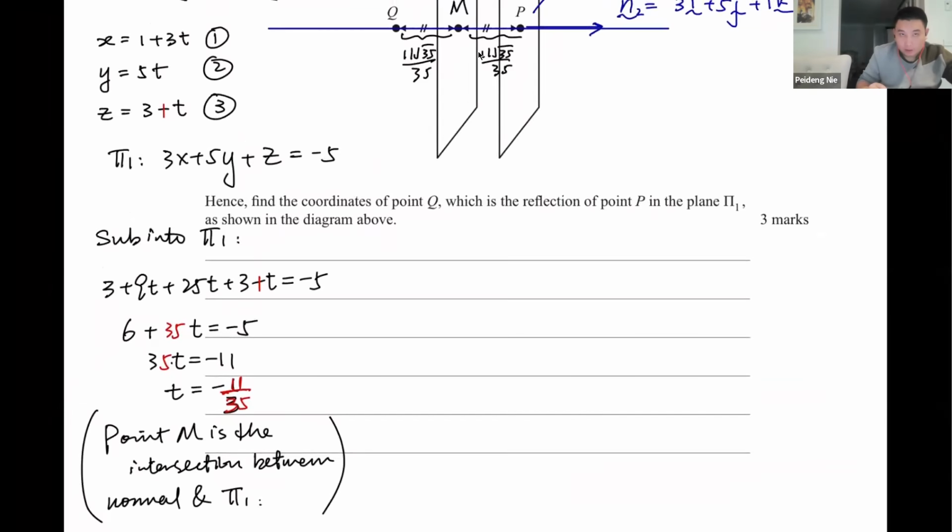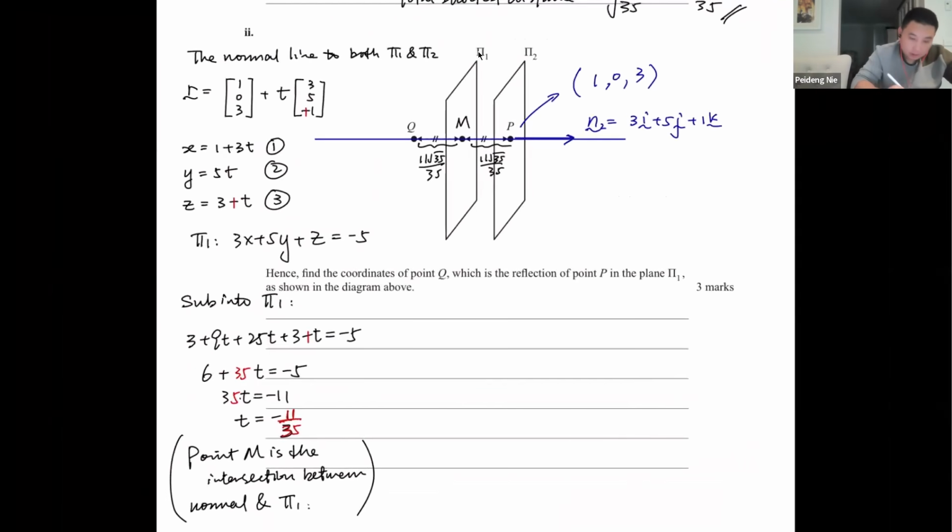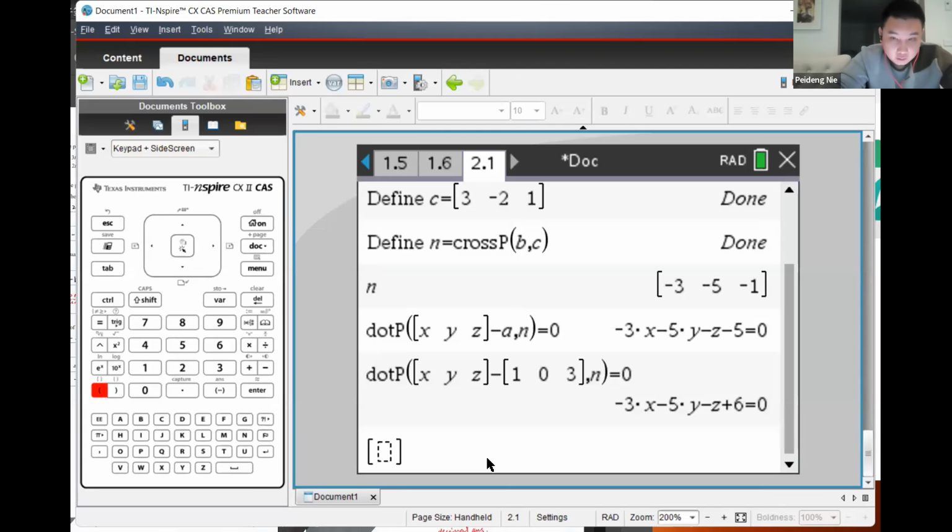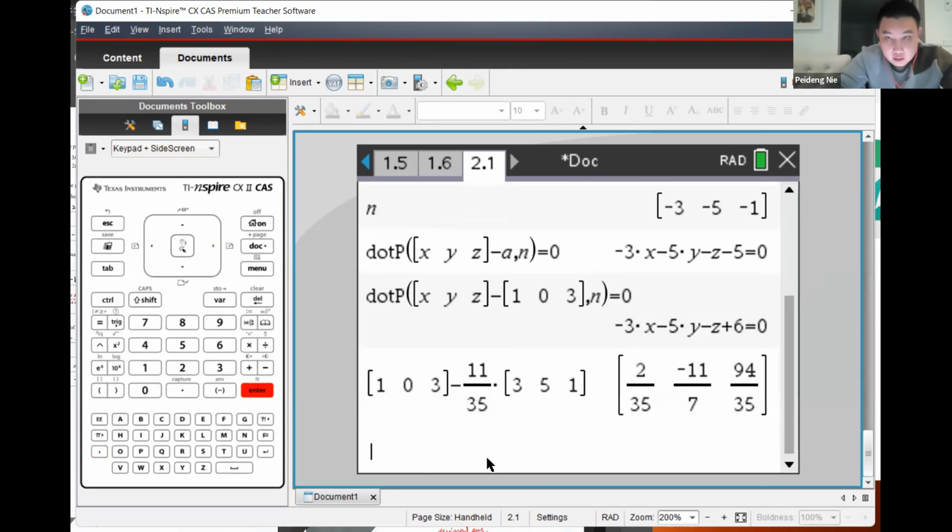And then I substitute the value of t back. This is plus 1 here. For the point M, r_M is equal to (1, 0, 3) minus 11 over 35 times (3, 5, 1), instead of minus 1.